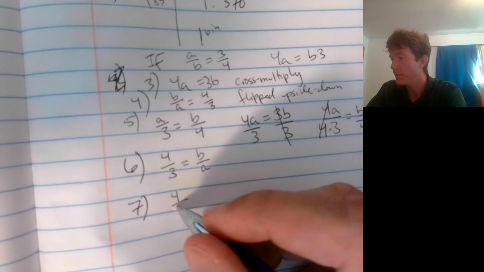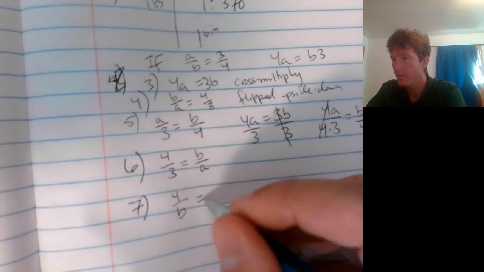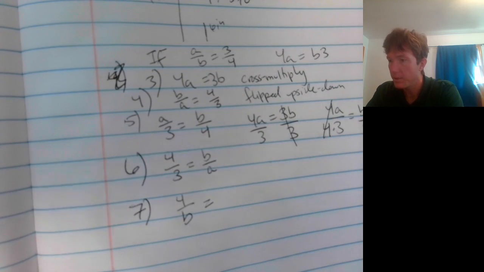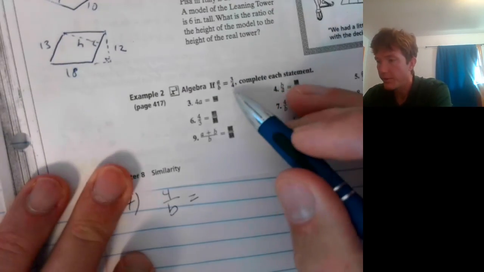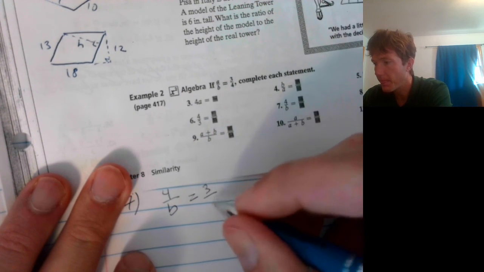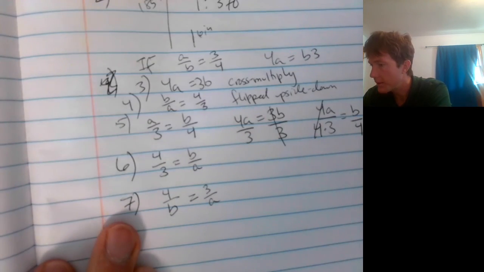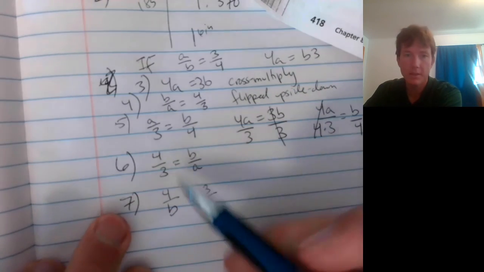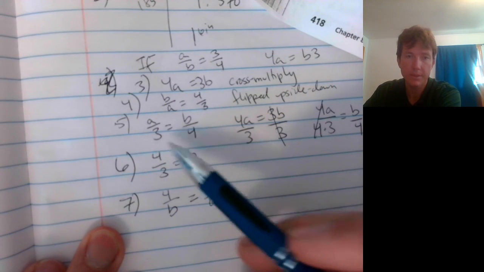Next one we have 4 over b. 4 over b is equal to, so they did the 4 over the b. I'm going to say it's equal to the 3 over the a. Let's see if I have something similar to this. Look at number 5. I have a over 3 is equal to b over 4.